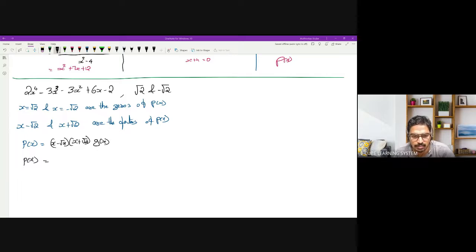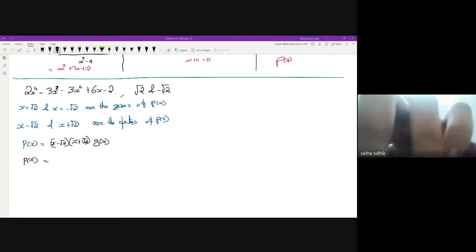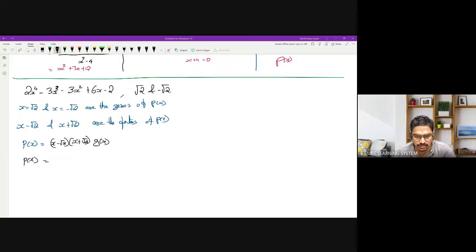What is obtained on the multiplication, Sapna? X square minus root 2. There is a mistake. X minus root 2 into x plus root 2.